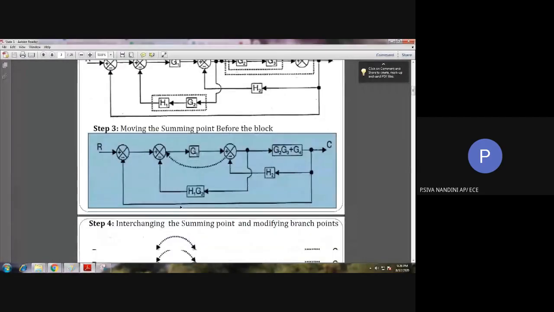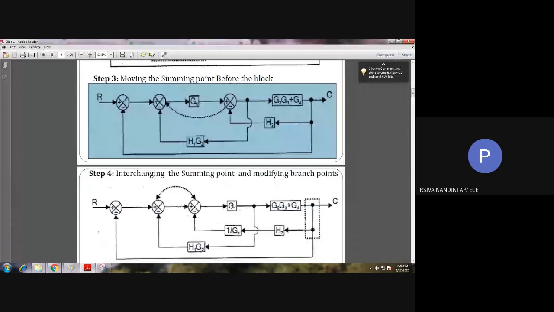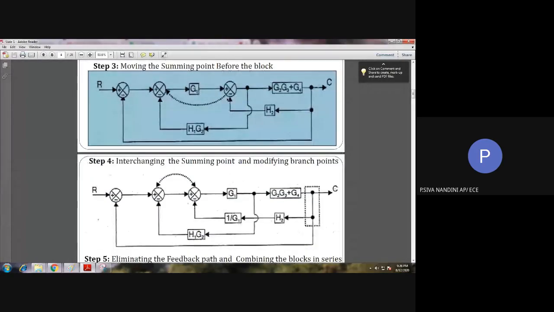Okay. So as per the rule, while moving a summing point before the block, what should be done? 1 by that block should be included in the upward or downward input given to that summing point. So here we are going to include the block G1. That is, 1 by that block G1 will be included.